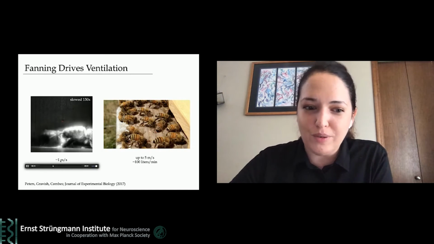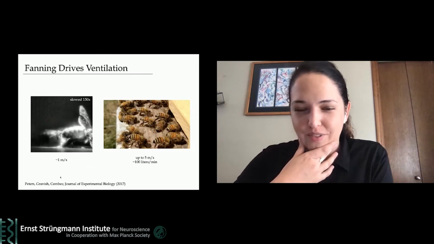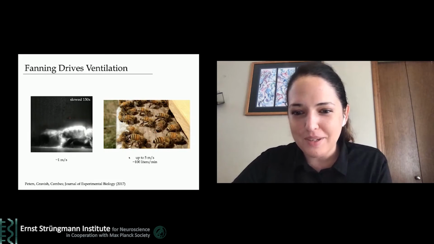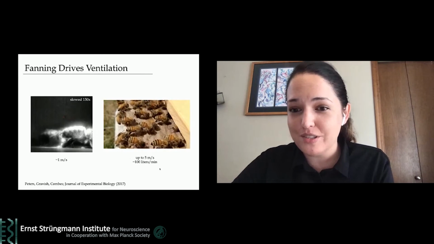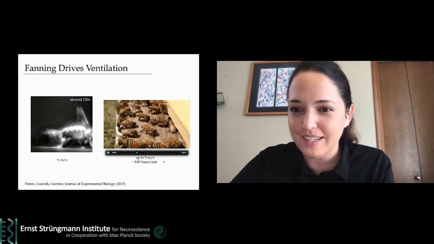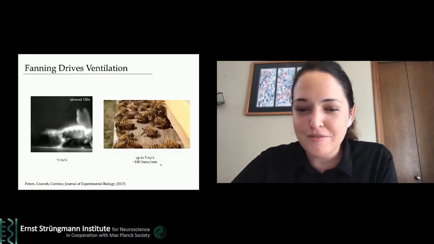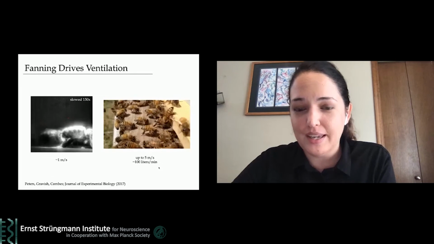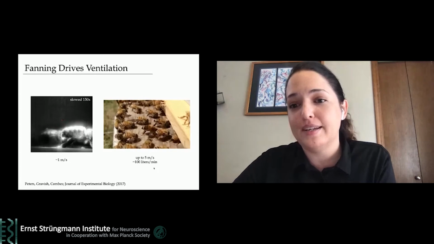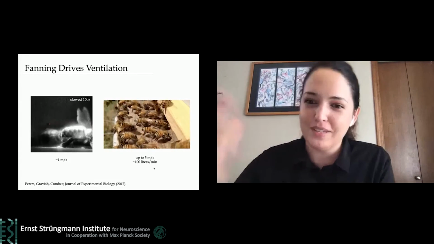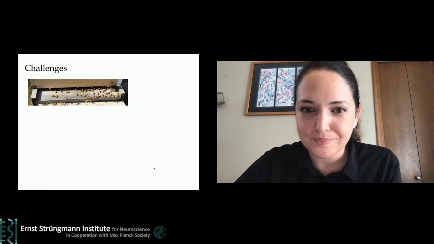But of course, if one bee does this, because it's so small relative to the size of the hive or nest, nothing really is going to happen. So bees actually tend to do this in groups. There's a group of bees fanning at the entrance of the hive, and that helps them to establish a stronger airflow and exchange air between the hot interior of the hive and the colder environment.